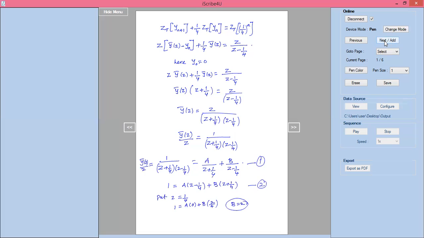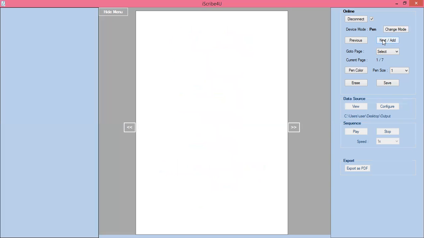b equal to 2. Now put z equal to minus 1/4 in equation number 1.